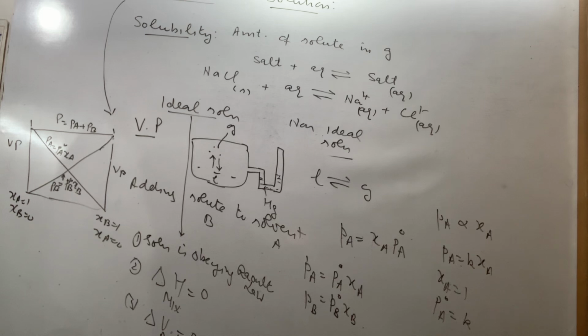When bonds are breaking, delta H will become positive. If you are mixing 10 cc of each, before mixing the volume is 20 cc; after mixing, bonds have broken, so expansion has taken place. Naturally the final volume is greater than the initial volume, so delta V mixing will also be positive.